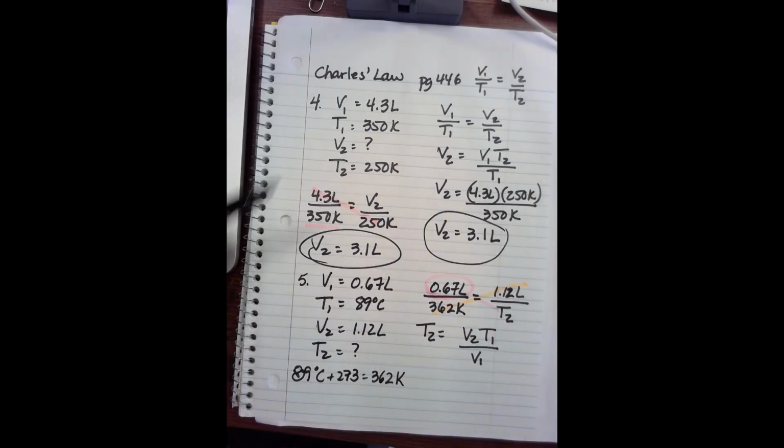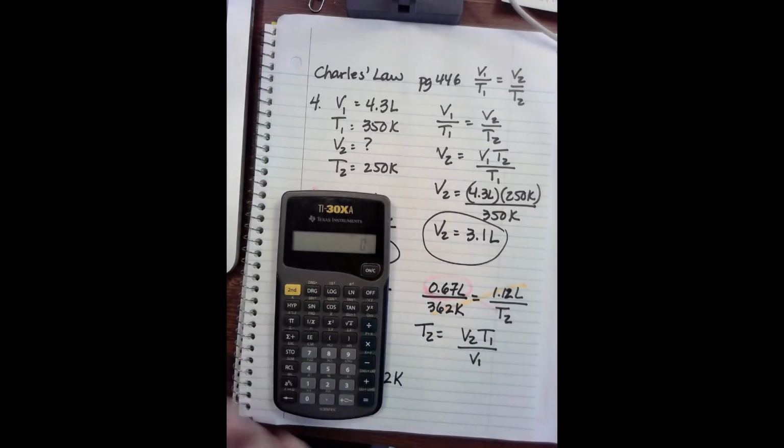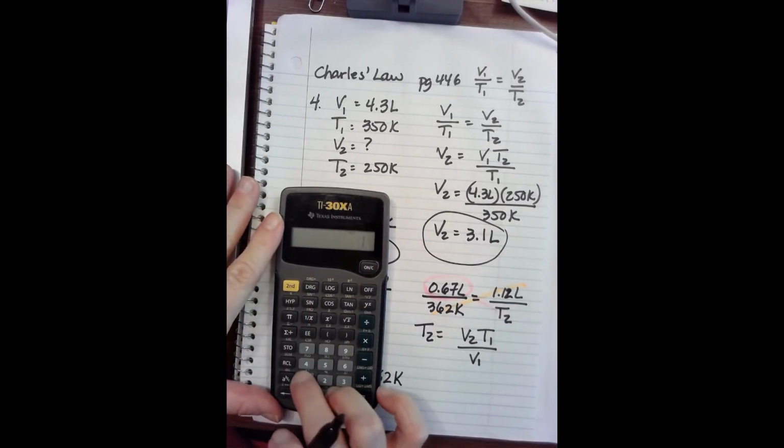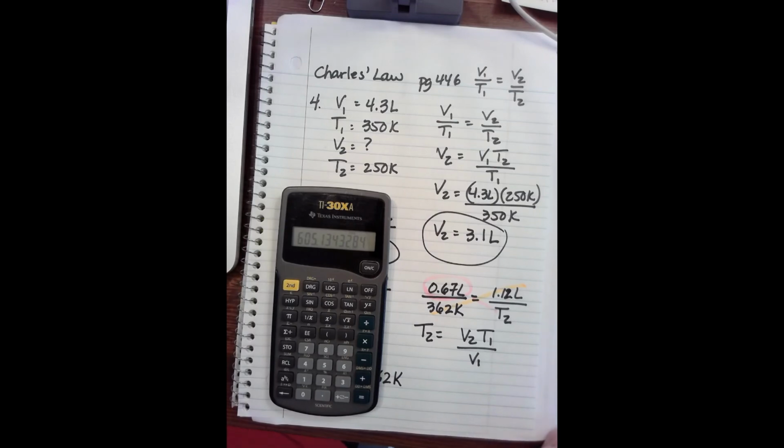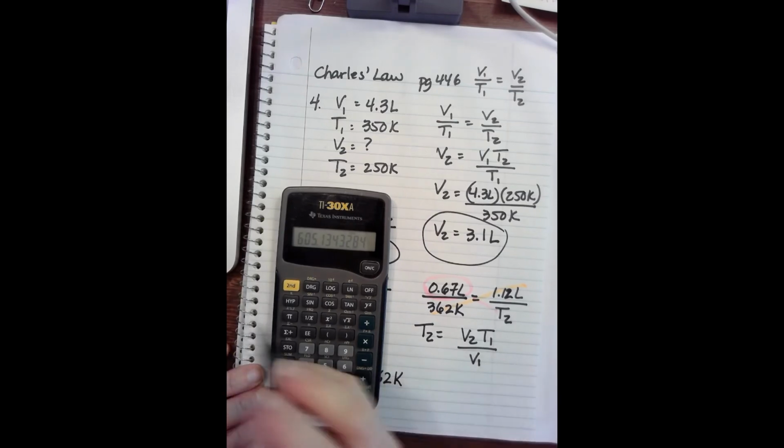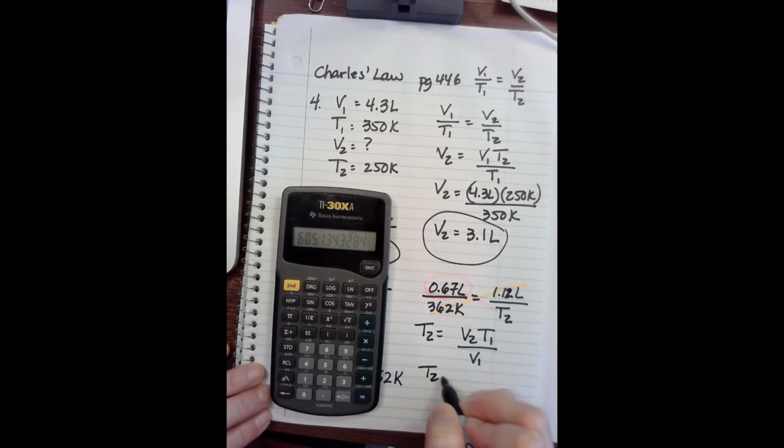All right, so let's grab our calculator and do that. So this is 112 times 362 divided by the volume 0.67, again, we get a whole slew of numbers here, but I'm going to just write that down. So T2 equals 605 Kelvin.